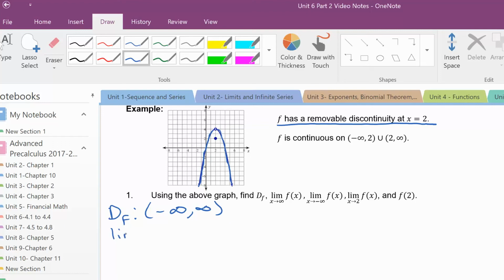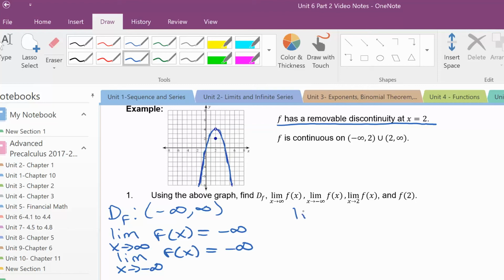So domain is all real numbers. Now the limit as x approaches infinity of the function, meaning the right-hand limit, well, it's going towards -infinity. The limit as x approaches -infinity of the function, meaning the left-hand limit, is -infinity.